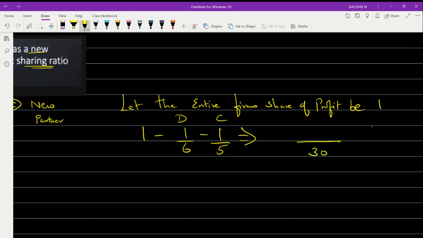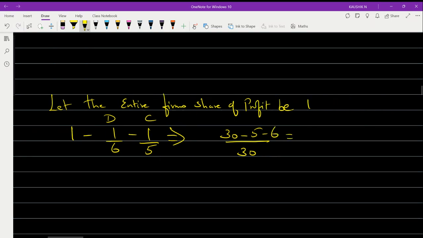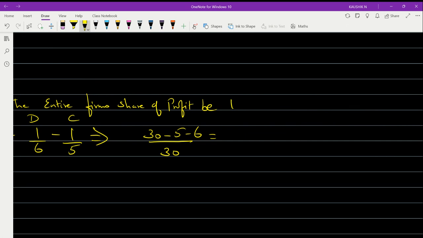So 1 into 30 will be 30, minus 1 into 5, and minus 1 into 6. So that means 30 minus 5 minus 6. This will give you 19 by 30, right? So 19 by 30 is the leftover balance.